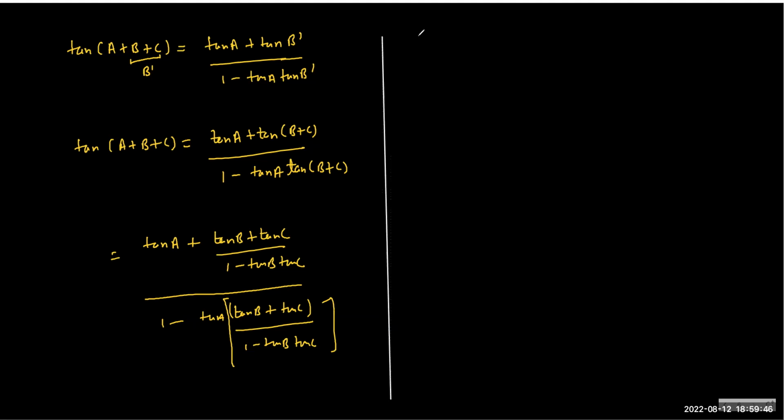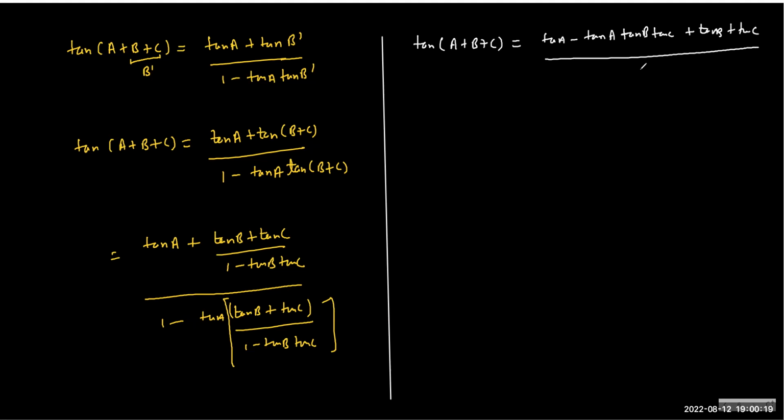Let me do it. So tan A, and then you can put the LCM if I take, minus tan A tan B tan C plus tan B plus tan C. Really bad way of writing.